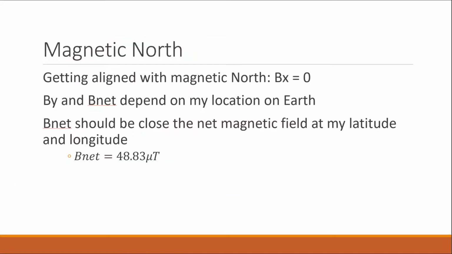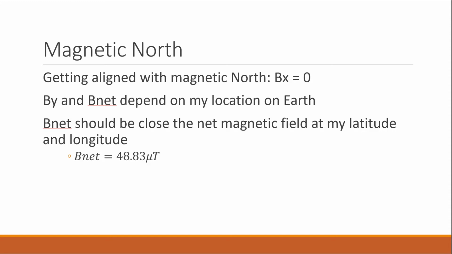So once you download the app, you need to calibrate it and make sure that your phone is facing magnetic north. To do this, all you have to do is turn the app on, make sure it's playing, and turn it to where the X value gets as close to 0 as possible while your phone is laying down flat on the table.